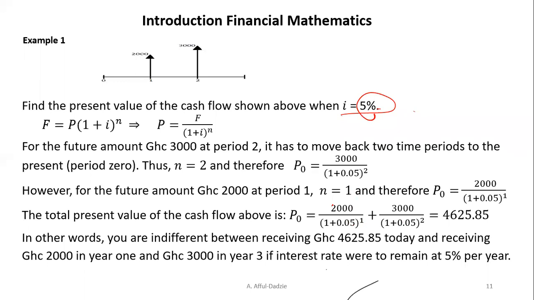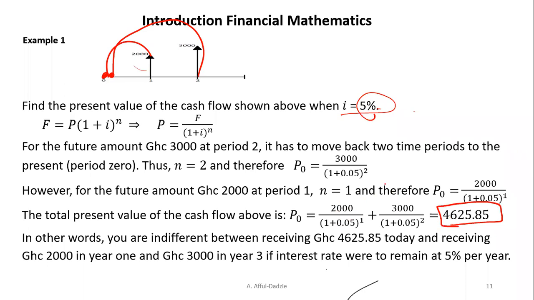So I take this, I bring it to period 0. I take this, I bring it to period 0. So this would be 2,000 over 1 plus the interest rate times 1, which is the period, plus 3,000 divided by 1 plus the interest rate, 0.05, to the power 2. I break this down and then it gives me this expression.